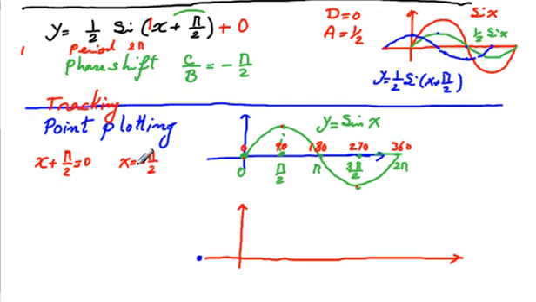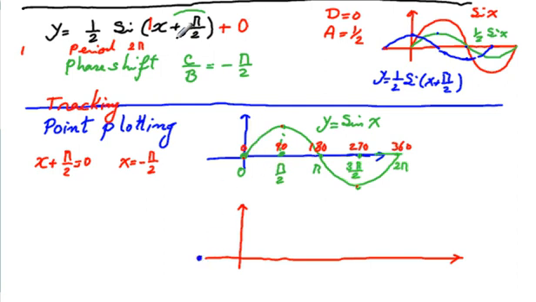Meaning, if I take x equal to minus pi over 2 and plug it in this function, minus pi over 2 plus pi over 2 is 0. Sine of 0, I hopefully remember that, is 0. Multiplied by half, it is still 0. Add a 0 to it, it's still 0. So this point has moved on here.